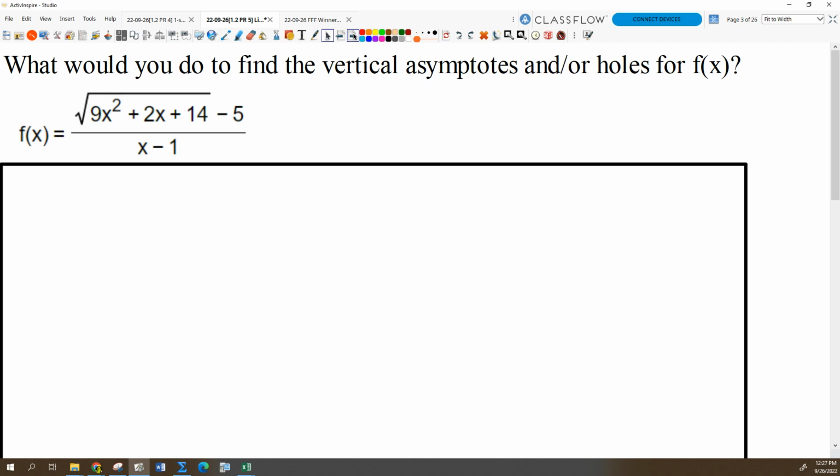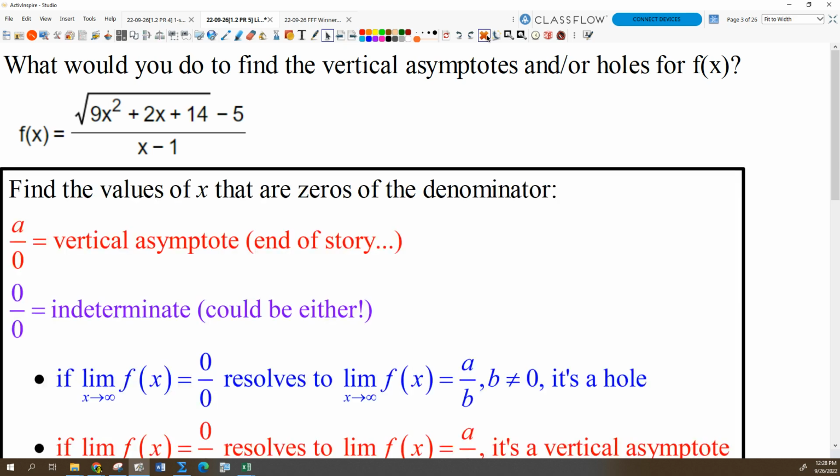So the next issue that we're going to look at tomorrow, I just want to introduce something to you today. I guess we don't probably need this problem. I mean, we know what to do here now, right? We would just find the values of x that are zeros of the denominator.